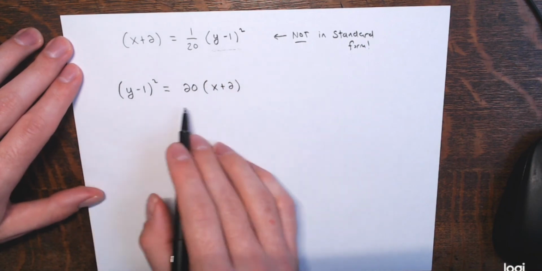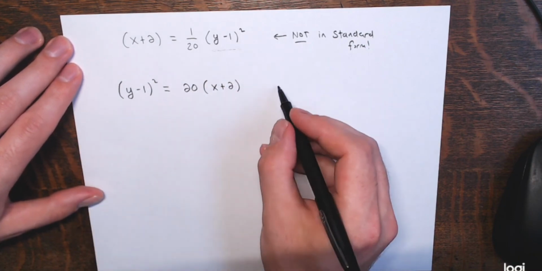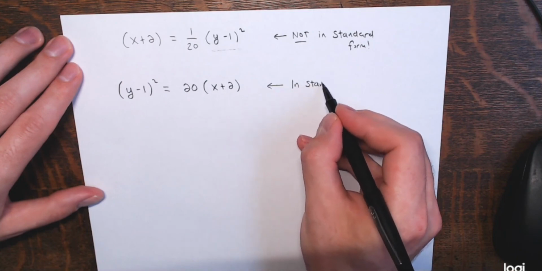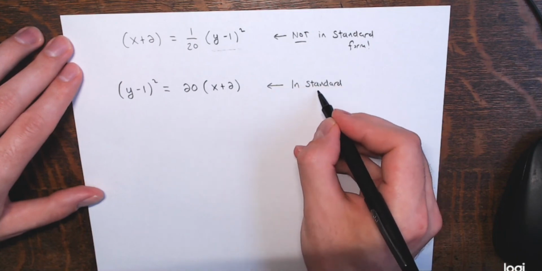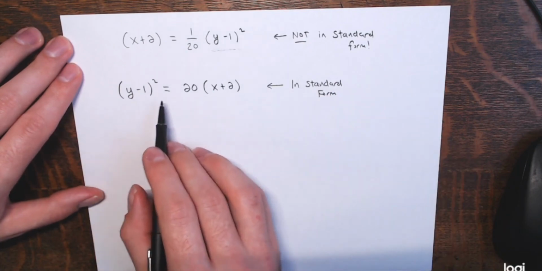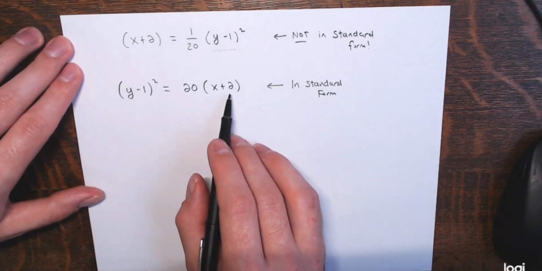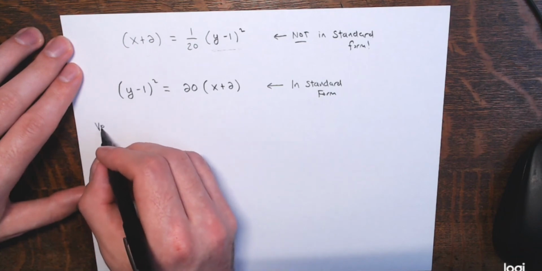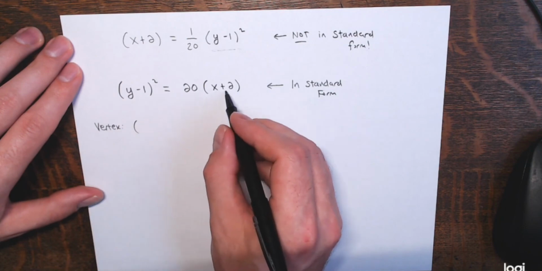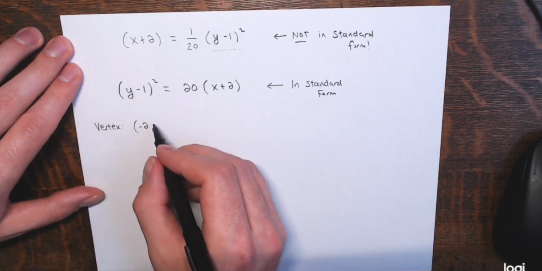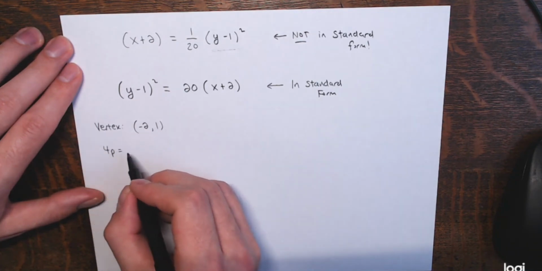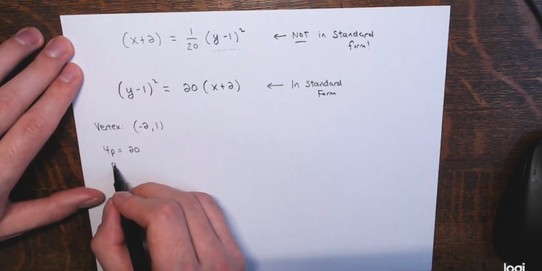And now it's in standard form, the form (y - k)² = 4p(x - h). So the vertex would be -2 for x and +1 for y. 4p equals 20, so p equals 5.